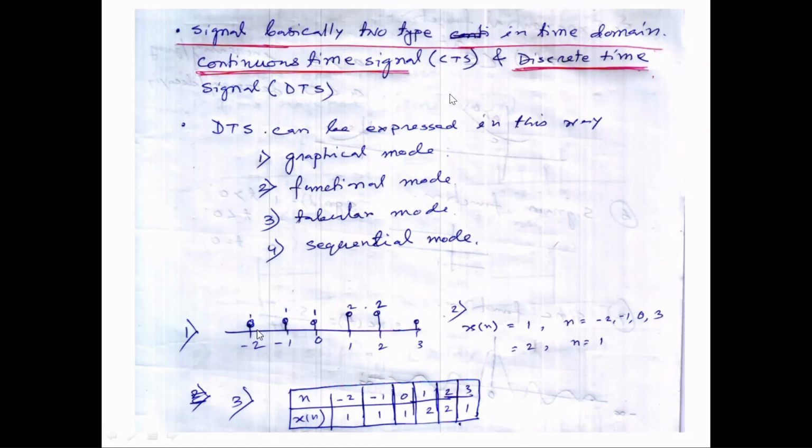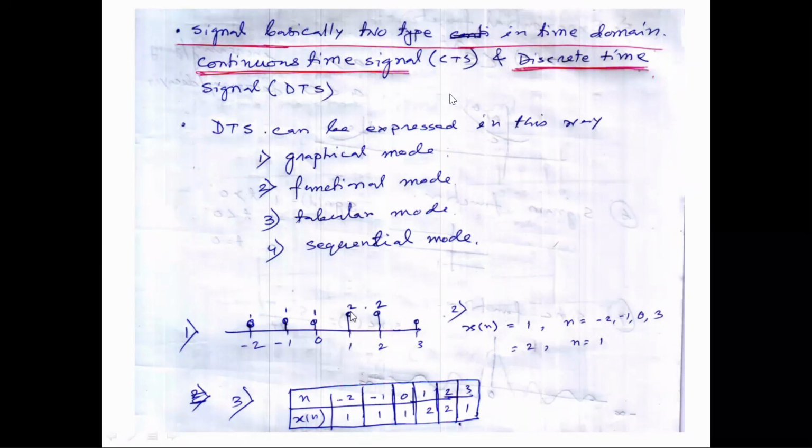You can express your signal in graphical method, and your continuous time signal also in graphical method. In the functional method, x(n) equals 1 when n equals minus 2, minus 1, 0 and 3, and x(n) equals 2 when n equals 1 and 2. The 2 is by mistake not written here; you should write n equal 1 and 2.